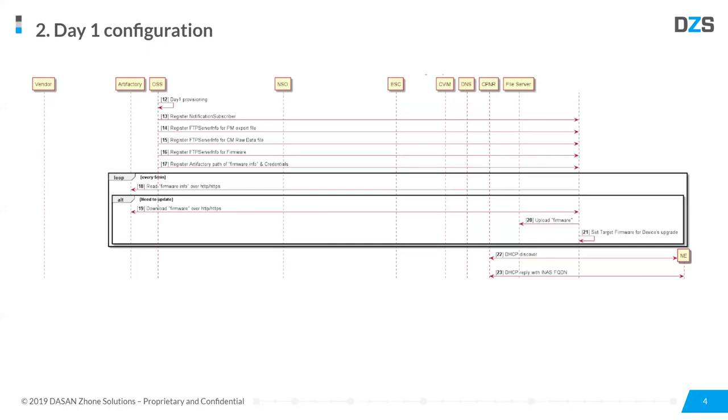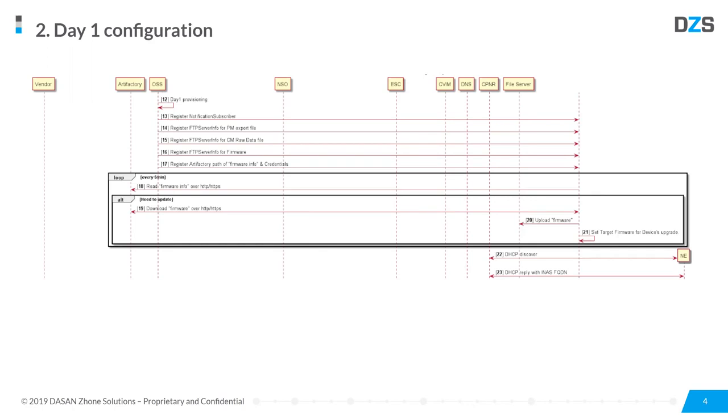You may remember that the first step of our sequence is that the vendor uploads the firmware into the Artifactory. It means if the vendor uploads the firmware into the Artifactory, the INAS will download from the Artifactory periodically if any new firmware is deployed into the Artifactory.